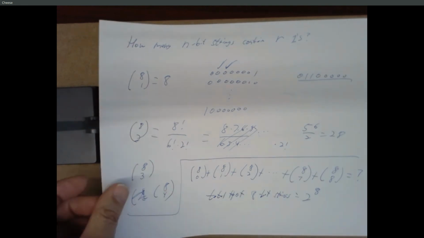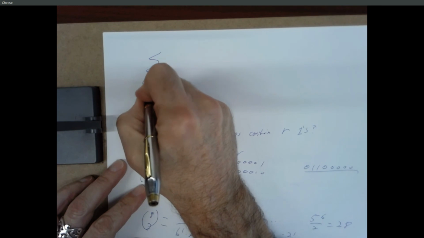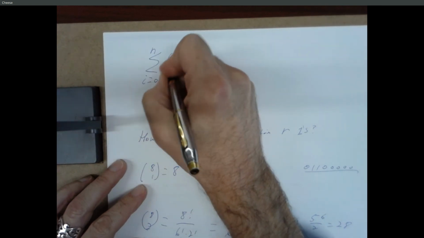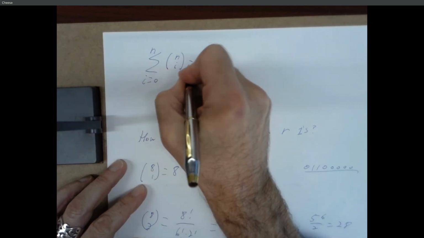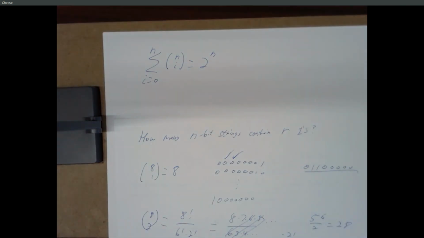And so we can make a general formula about combinations like that. And that's kind of cool, I think. Because we got combinations on the left which are factorial expressions, and we add them up and we just get a power of 2.